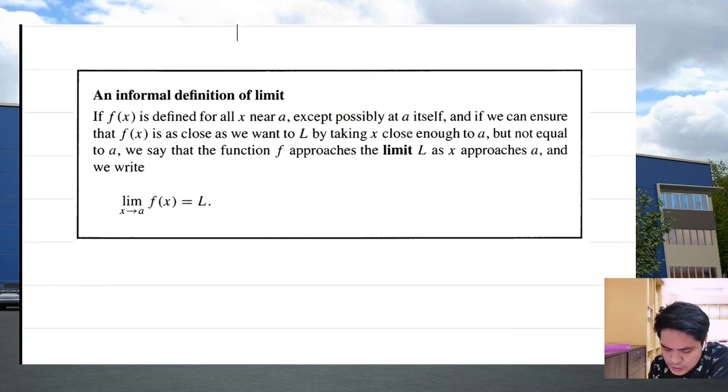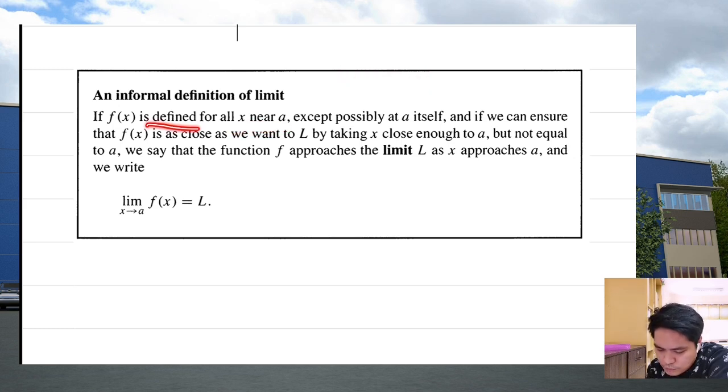Okay? So let's say f of x is x squared minus 1 over x minus 1. It is defined for all x near a, right? It has values near a. Our a here is the 1 from earlier. It is defined at all values near a, meaning it has 0.99999, it also has 1.000001, so those are values near a.